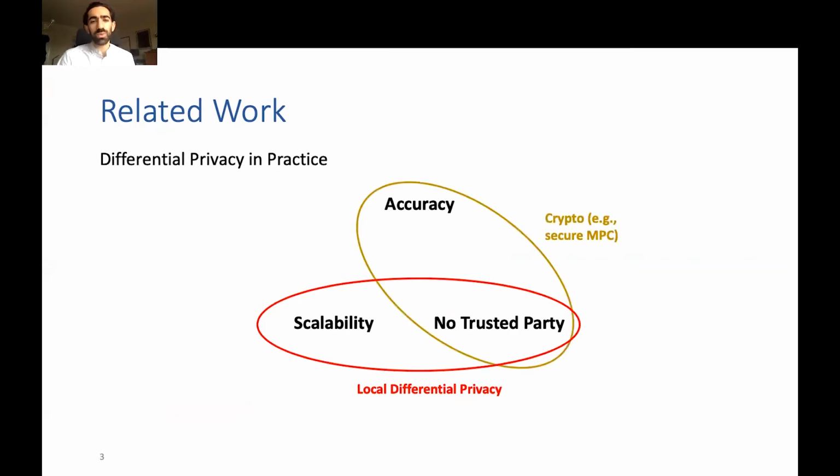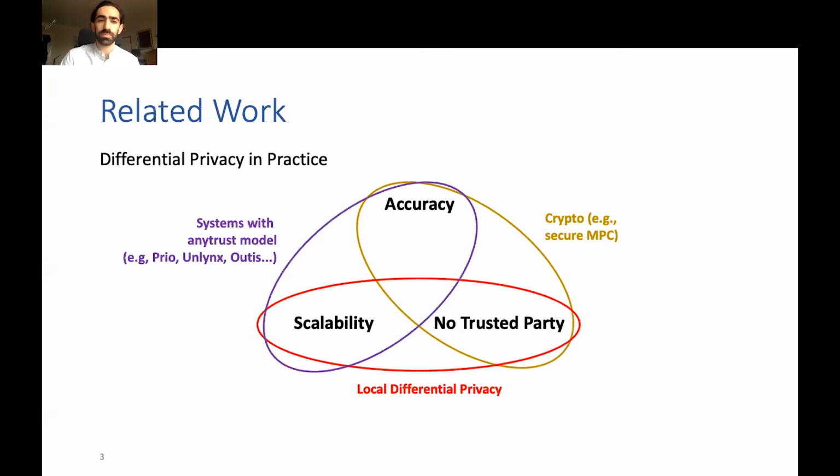In contrast, we can do this with global differential privacy to only add noise after the data is aggregated, and we can achieve this with cryptography such as secure multi-party computation, but this only scales to the order of hundreds of users. There have also been other systems which give us both good accuracy and scalability, but do so with this any-trust model that relies on a group of servers.